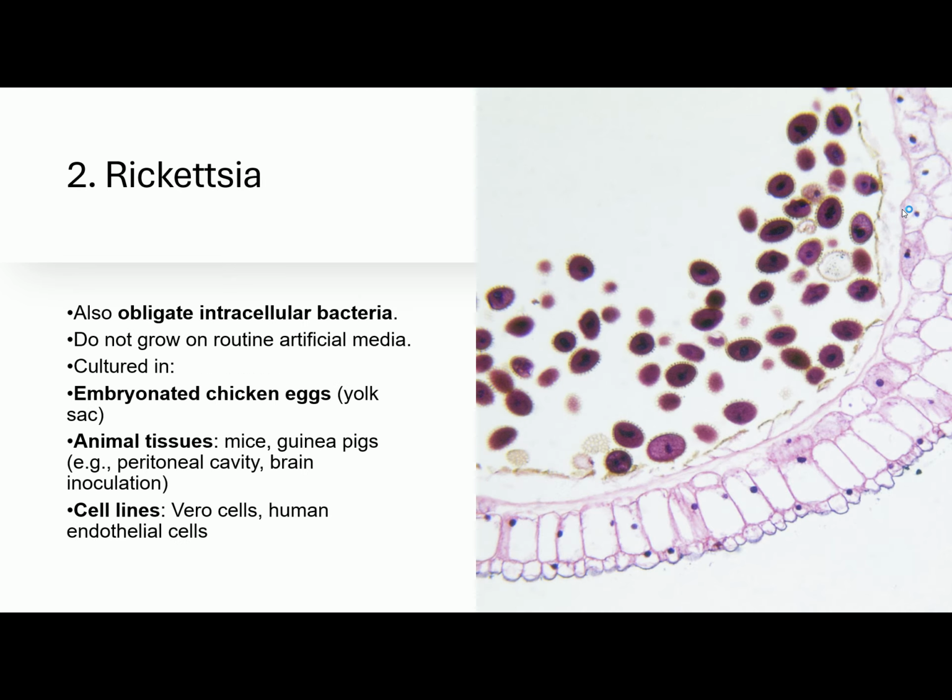Then we have rickettsia. Rickettsia is also an obligate intracellular, does not grow on routine media. Cultured in embryonated chicken egg, animal tissue such as mice, guinea pig, peritoneal cavity, and brain inoculation. It also grows on cell lines, Vero cells, human endothelial cells.